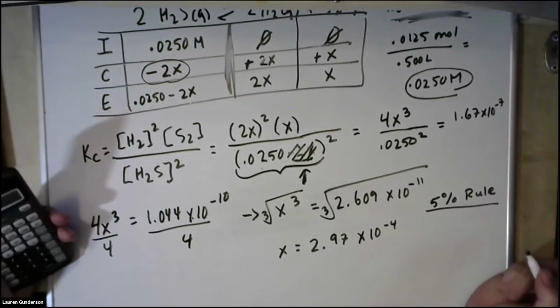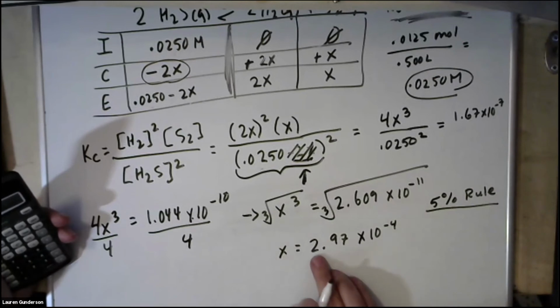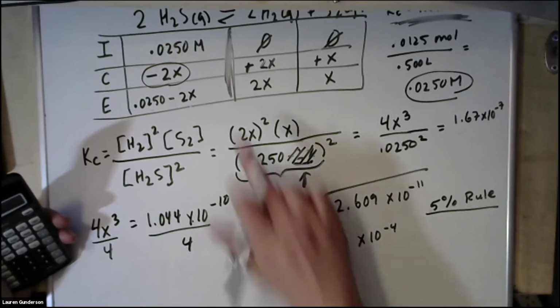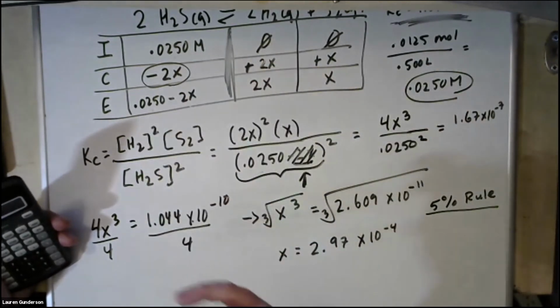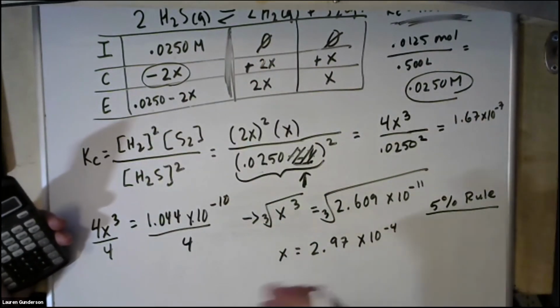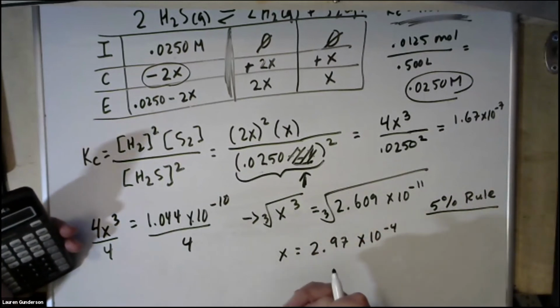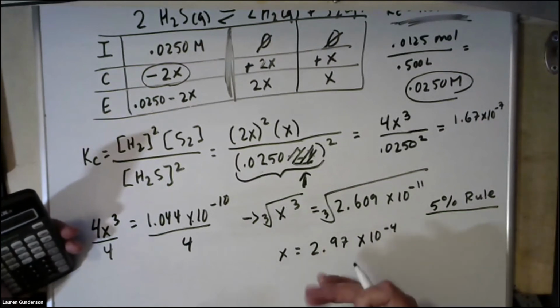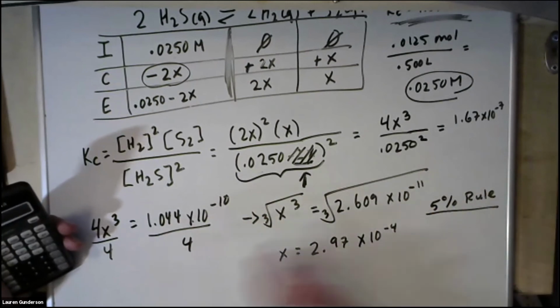We're going to compare this x value to our initial concentration and make sure that the value isn't larger than 5%, basically. If it's larger than 5%, then you have to either use the method of successive approximations to solve it, or just solve it using the quadratic, depending on what you find easier.